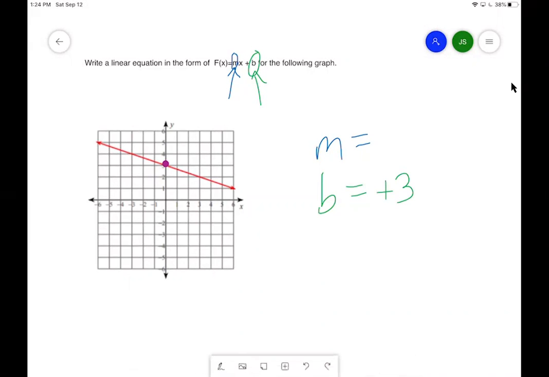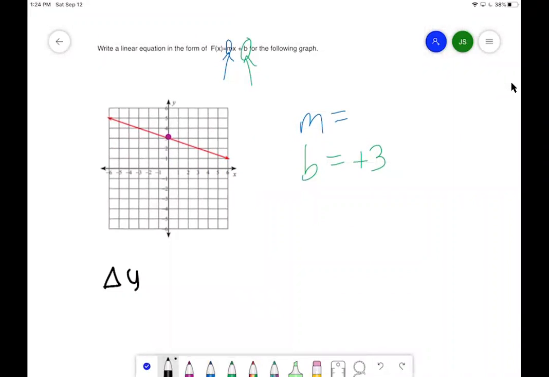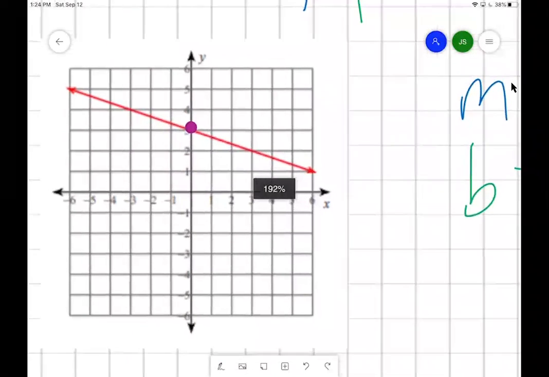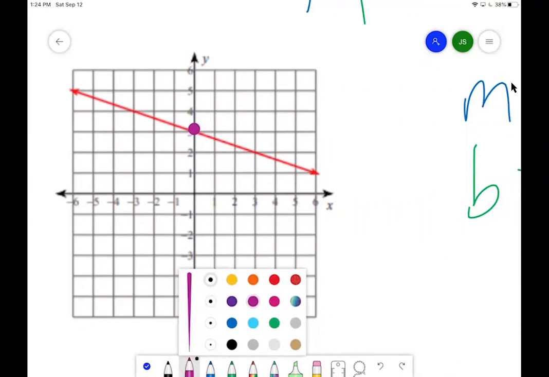And next I need to find my slope. Again, to find the slope, you need to calculate the change of y over the change of x. But like I said before, you need at least 2 points to calculate that slope. So I'm going to look at my graph and see where I can find another point. Again, I look for the ones that are in corners of the square.